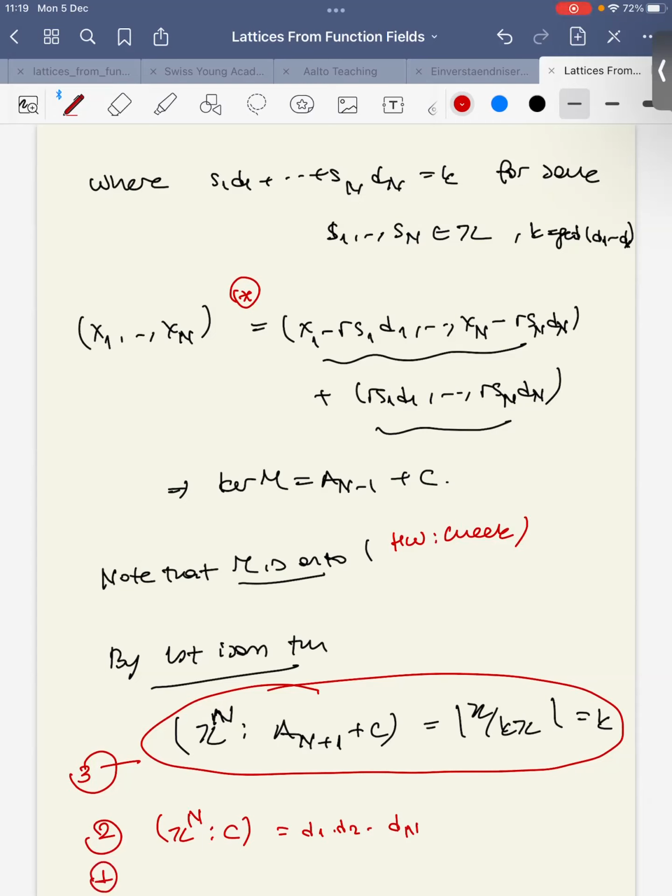And we observed that the index of B in An minus 1 was exactly An minus 1 plus C quotient C. By using these 3 equalities, we can write down this index as the ratio of the product of the degrees over K. So this is the first thing we want to compute.